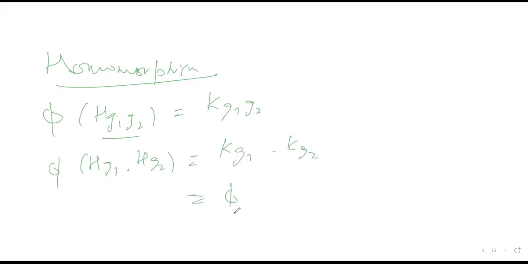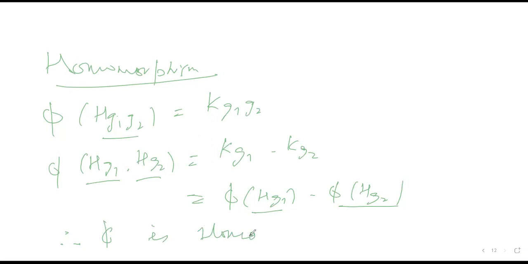Now what is Kg1? This is phi of Hg1 and this is phi of Hg2. So phi of Hg1 G2 is equal to phi of Hg1 into phi of Hg2. Therefore, phi is a homomorphism. So this also is proved.